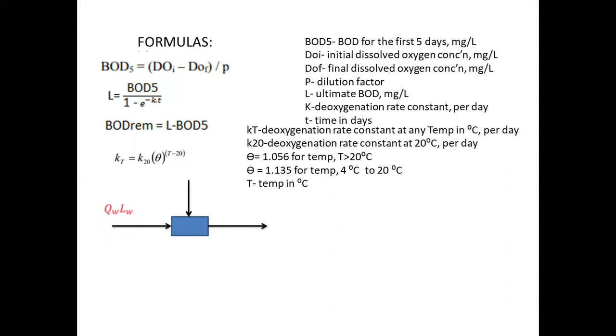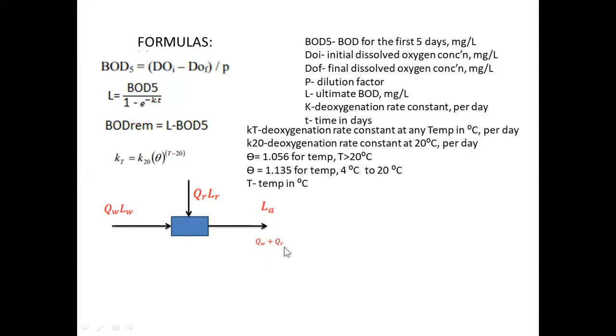We have QW and LW, whereas the other stream has QR, LR, and the mixed stream solution, once these two streams have mixed, has LA and a variable QA. Since we can add both QW and QR here, our QA is now equal to QW plus QR.